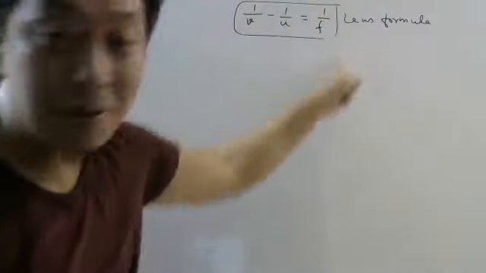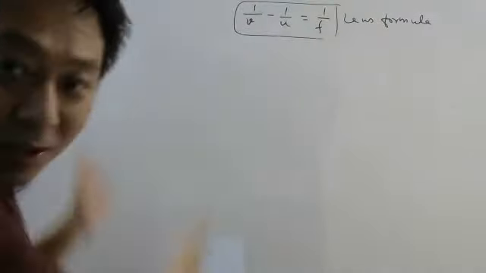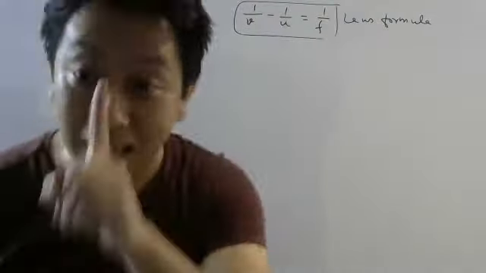This is for a lens, remember. This formula which I wrote was for a lens. Okay, so look here. So now the task is to find the equivalent focal length for two lenses in contact.